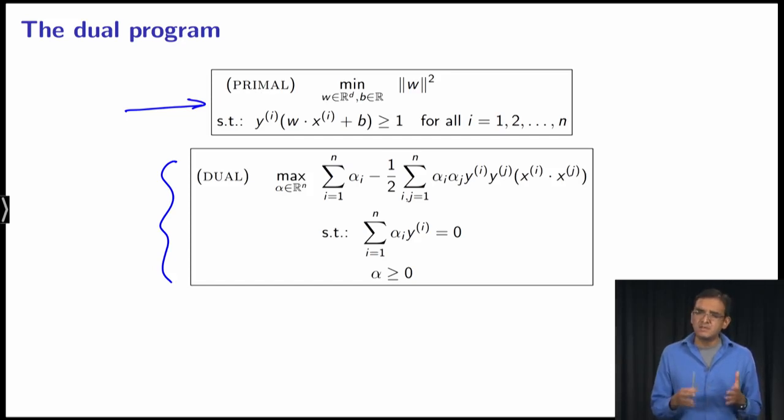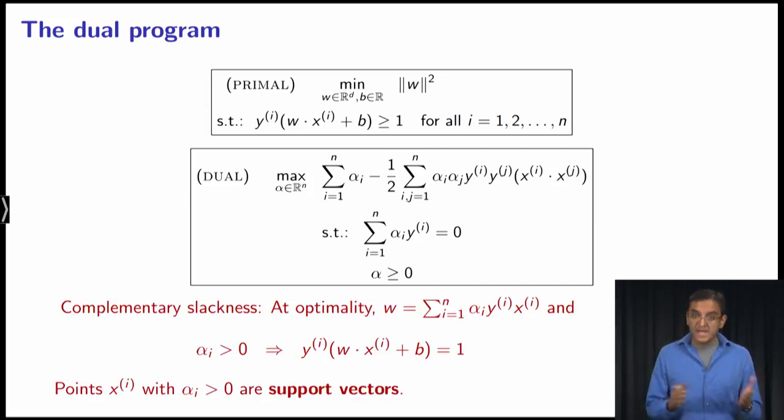So this is solving the problem in alpha space. And once again, once we solve the problem, the solution we want, the W, will turn out to have the same form as it did with the perceptron: the sum of data points where the coefficient of each point is alpha i.